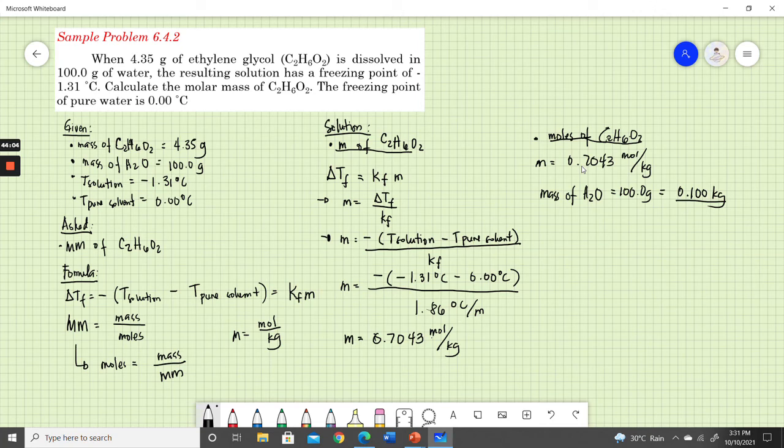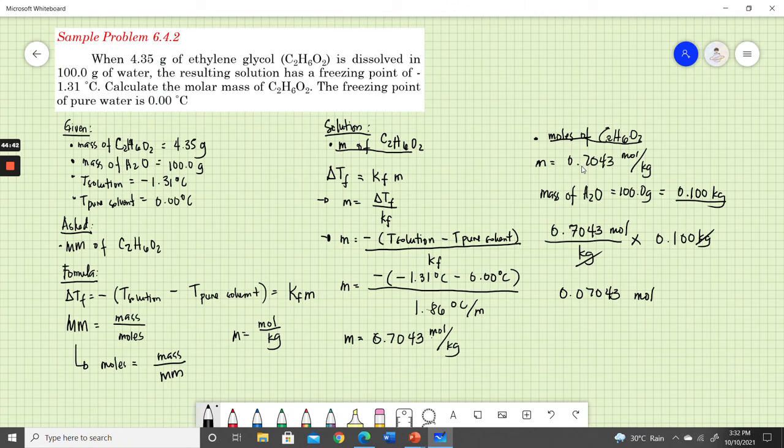So the moles of our solute is equals to 0.7043 moles per kilogram multiplied by 0.1 kg. Okay, so canceling that, we'll get that the moles of solute would be equals to 0.07043 moles. Okay, so that is the moles of C2H6O2.